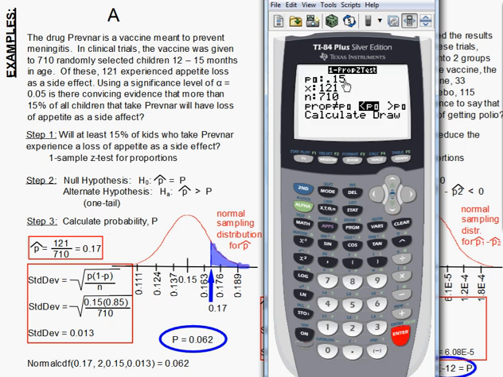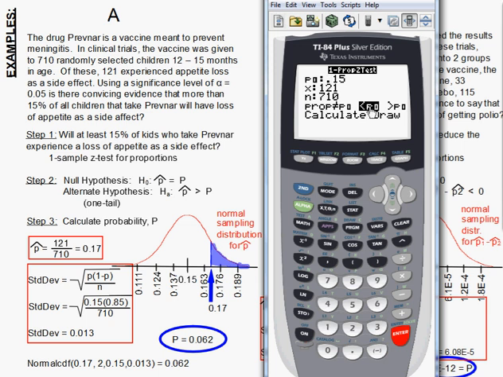It's going to ask us for our p0, which is our center, 0.15. It's going to ask us for the count, which is our 121. It's then going to ask us for n, which in this case is our 710.